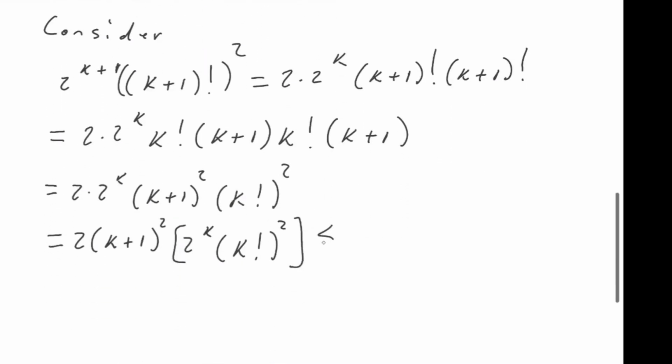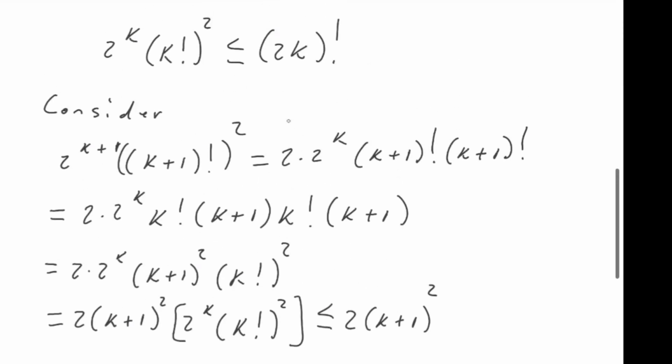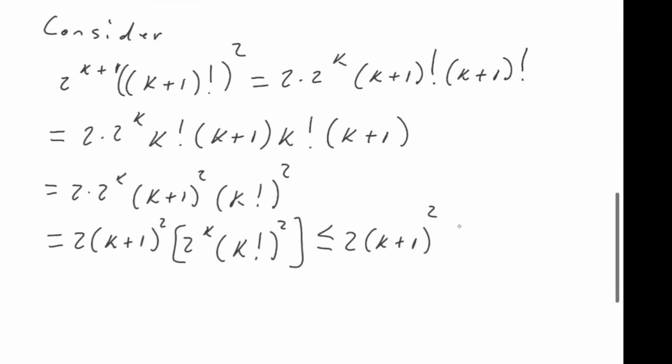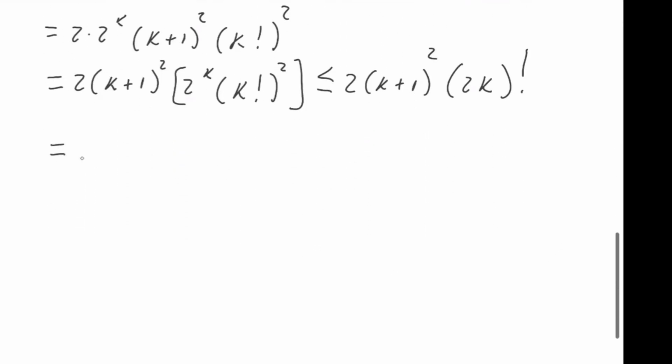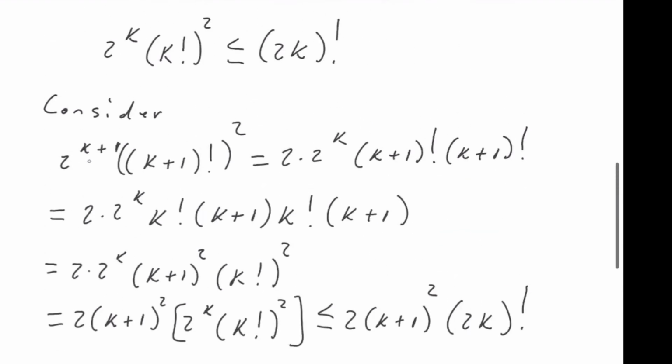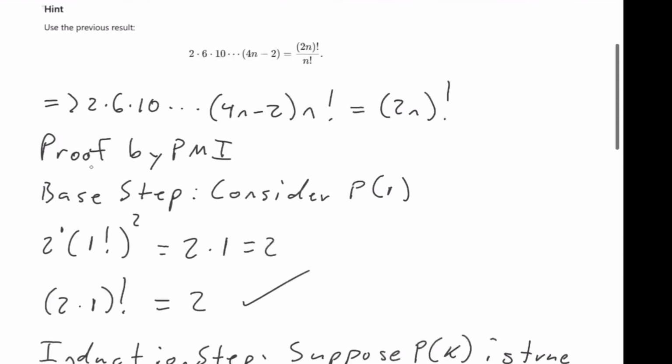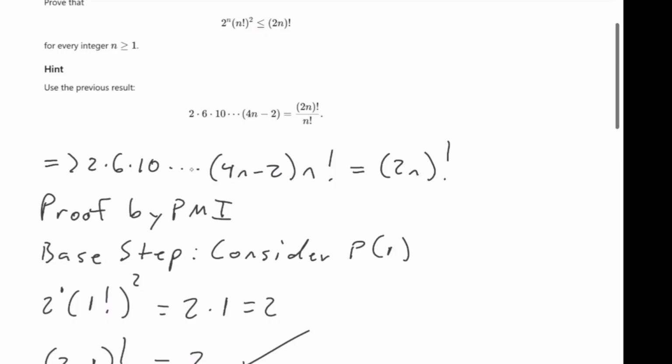So this is going to be less than or equal to 2 times k plus 1 squared times 2k factorial, because I know this piece is less than or equal to 2k factorial. So now I'm going to use this fact here. Remember, 2k factorial is equal to this product here, right?